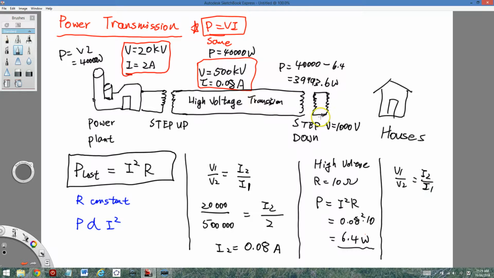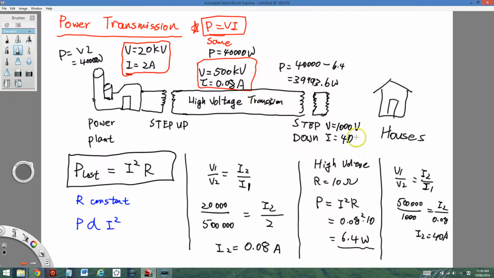Okay. Using the equation, we can find the current here. So it's going to be 40 amps.